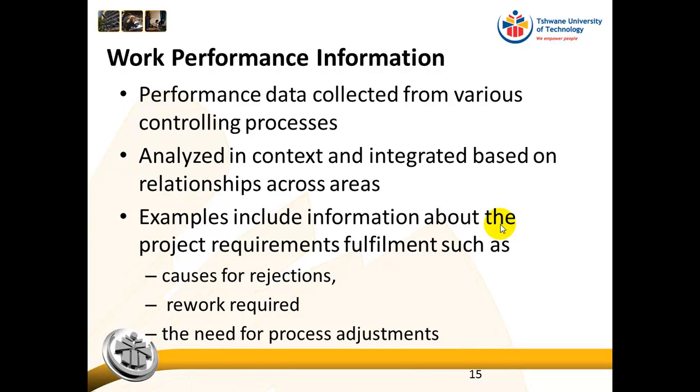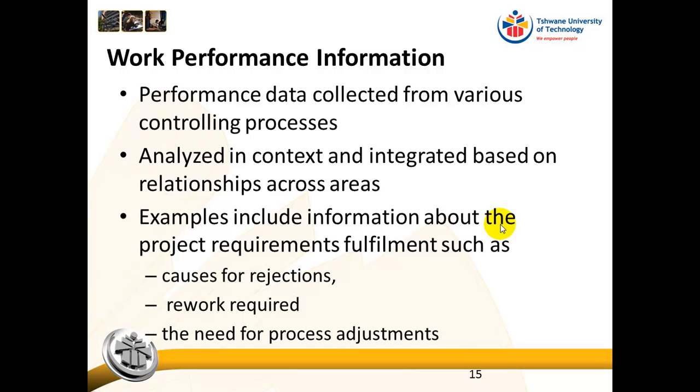Work performance information. This is the performance data that we collect from the various controlling processes. This data is then analyzed in context and integrated based on the relationship across the areas. So we have to make sure that the interfaces are correct. We have to make sure that the data flow is correct.